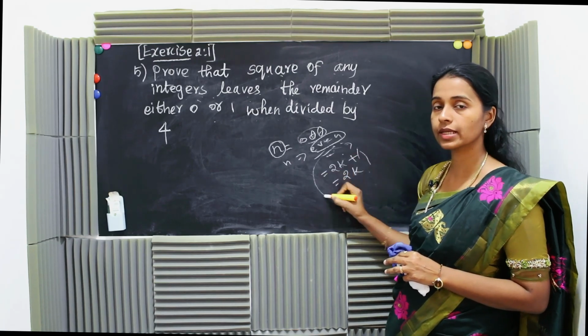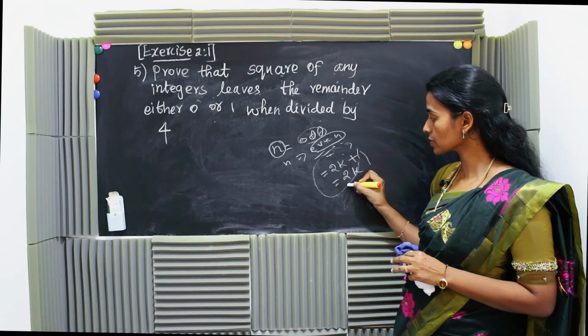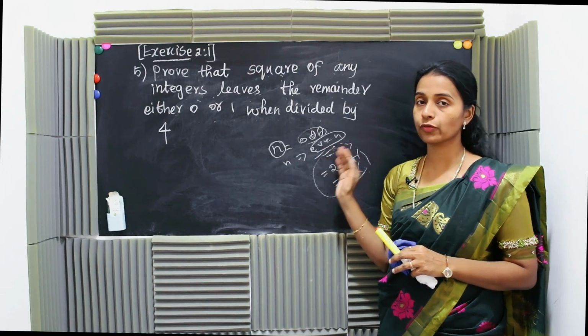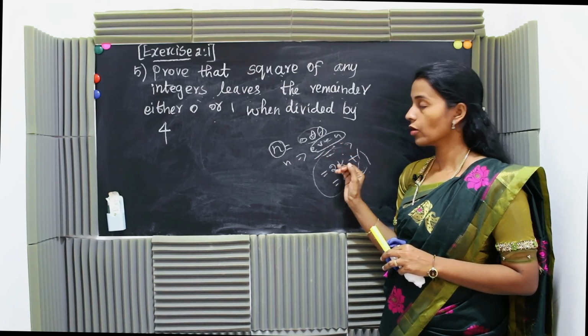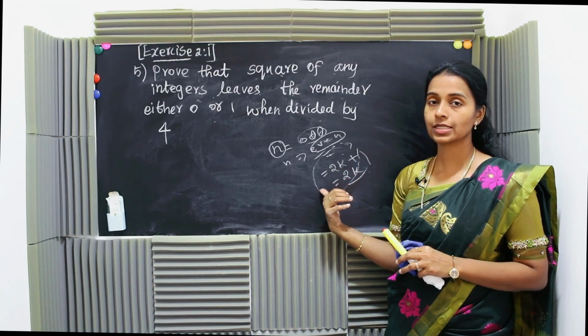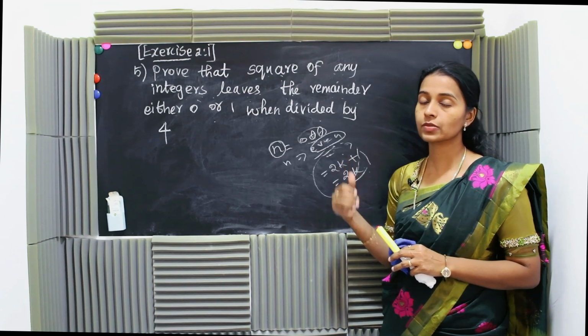This I have already discussed. So we should know the two formulas, the formula for creating odd numbers and for creating even numbers. Then only we can solve this problem.